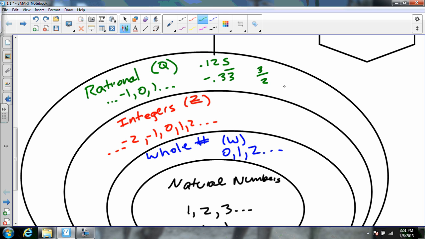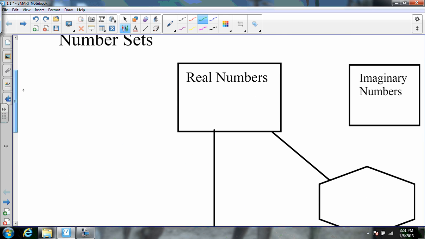It also includes square roots of perfect squares, such as the square root of 4, because we know that goes to 2. All of these are called real numbers.